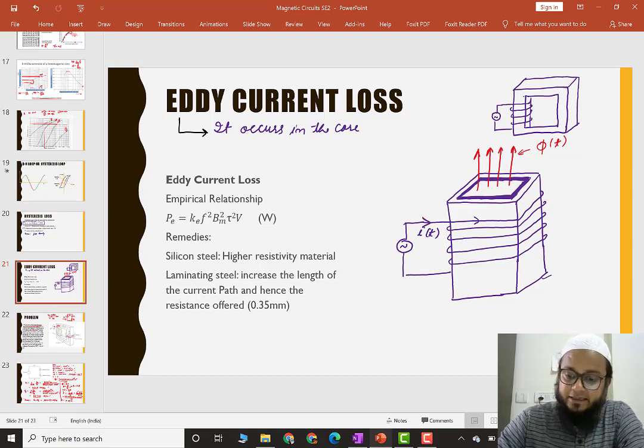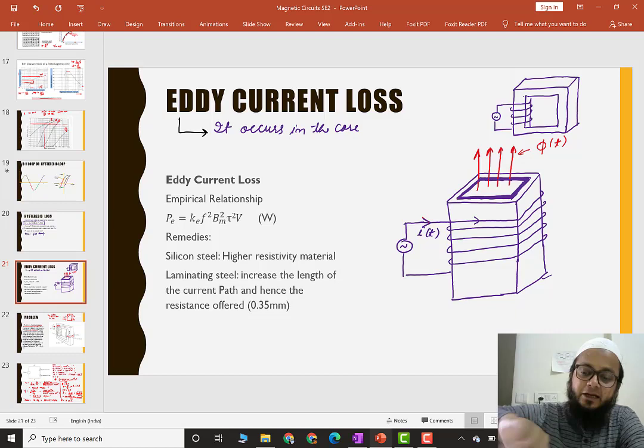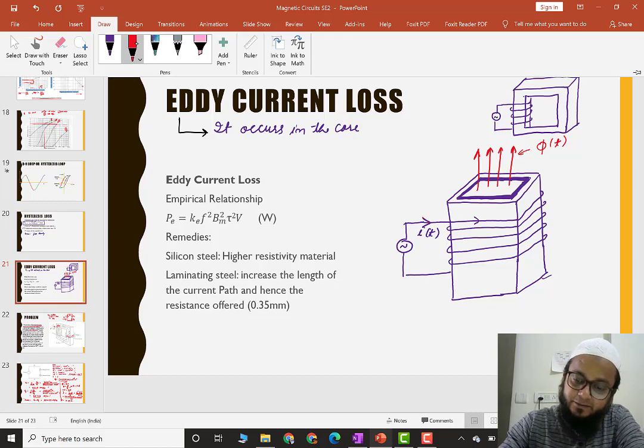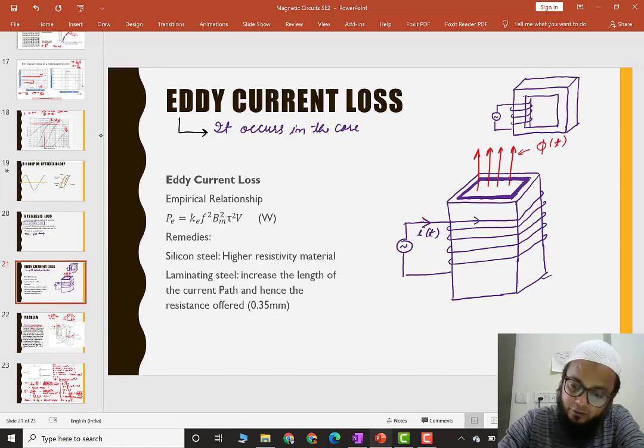By Faraday's law, if a conducting loop experiences a change in magnetic field, there would be an induced EMF, and the direction of the induced EMF would be in such a way that it should counter the change in flux. The change in flux here is increasing, so the current should flow in this loop in such a way that it counters it. So the direction of the current here would be counterclockwise.